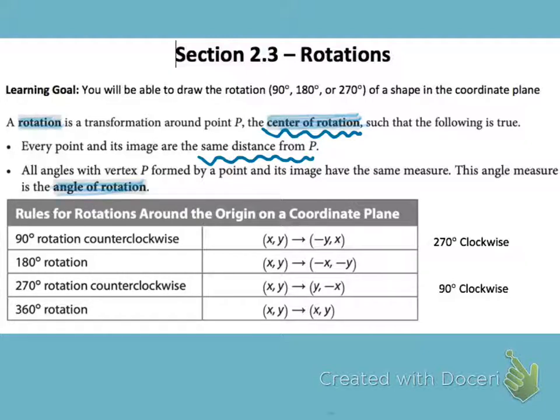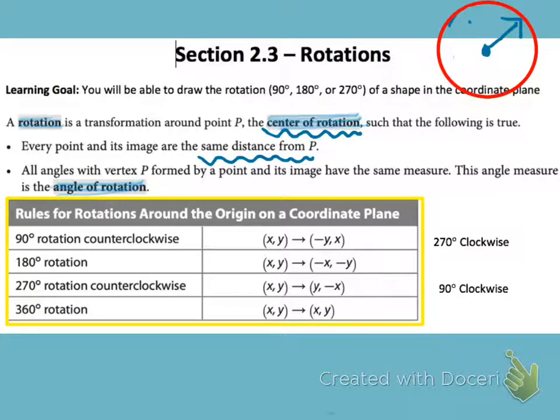So just like we had rules for the translations and rules for the reflections, we have rules to apply to coordinates for our rotations. So going back to our clock idea, if the hand is turning in the direction that it's supposed to be going, it's called the clockwise direction. Well, a clockwise rotation is actually considered to be a negative rotation, a negative degree, and that's because you're going down relative to, say, the x-axis.